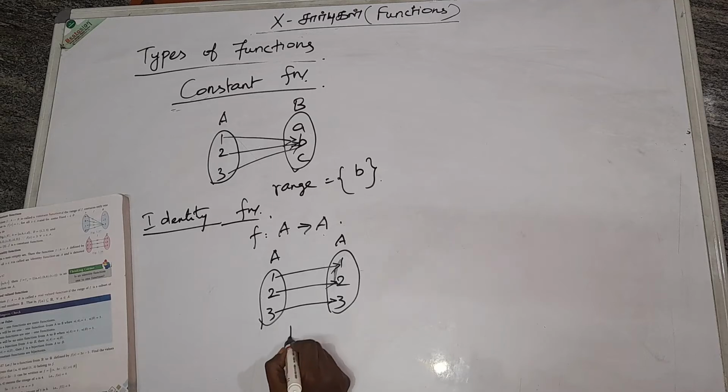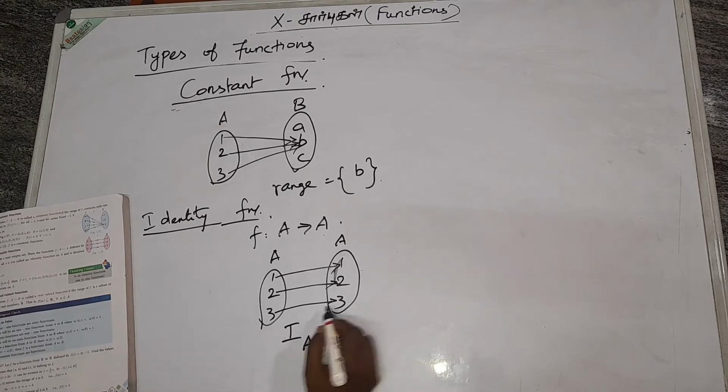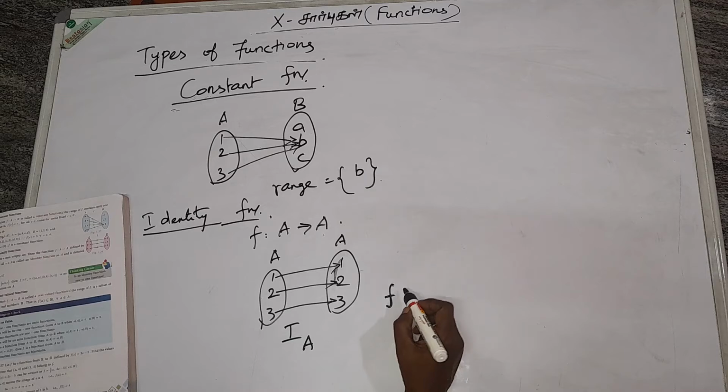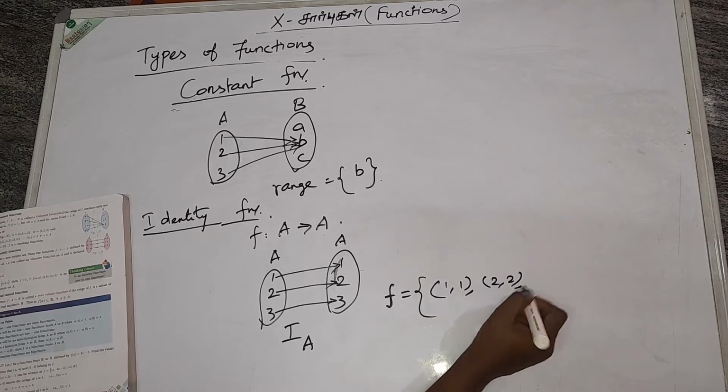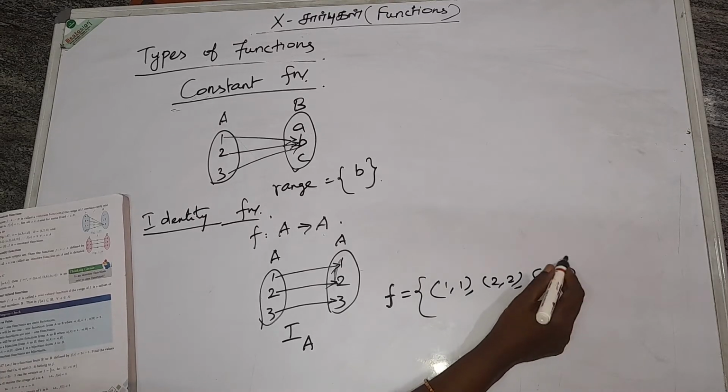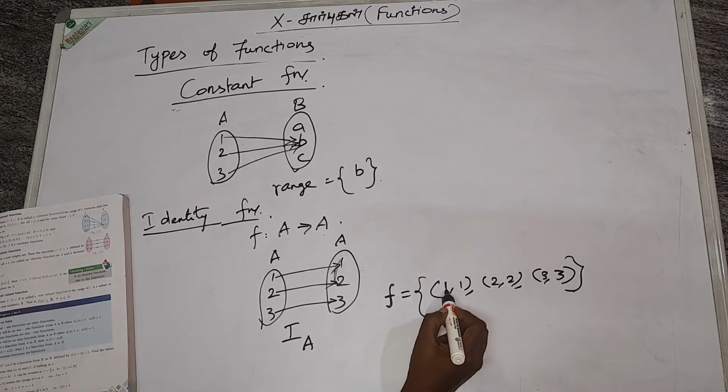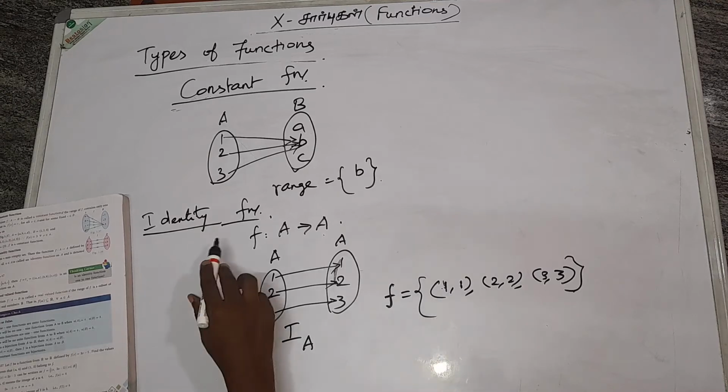We can say that the identity function of A is represented like this, IA. So what should be the ordered pairs? How to write the ordered pairs of this identity function? It is nothing but 1, 1 and 2, 2 and 3, 3, because the image and the pre-image should be the same in an identity function.